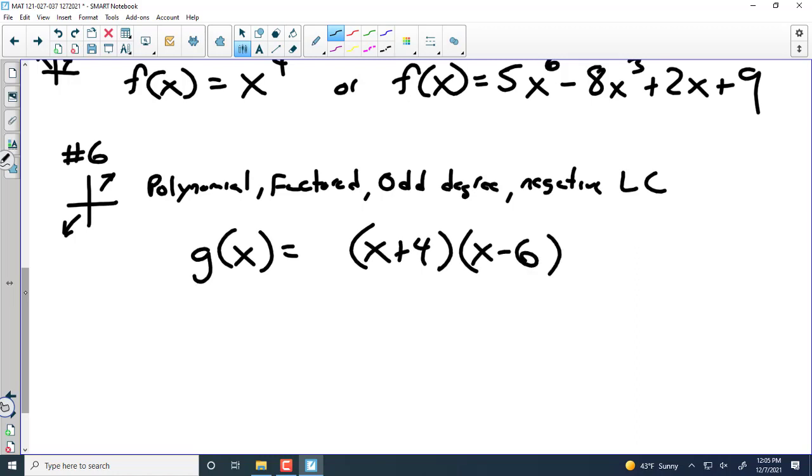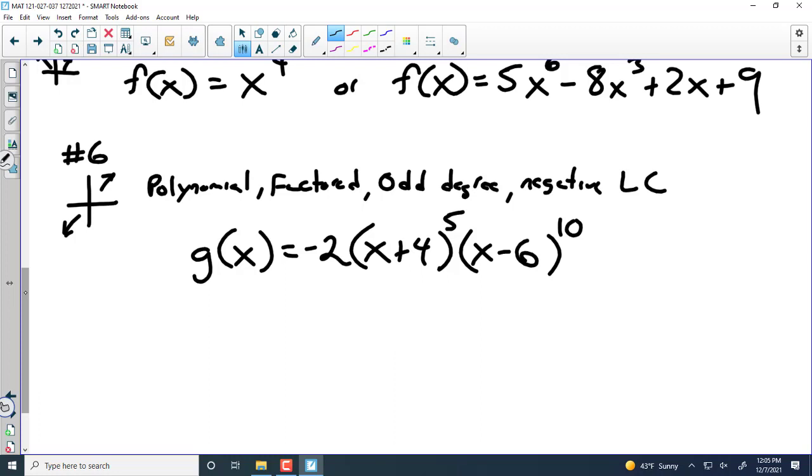Now, if Steve's requesting an odd degree, we need to make sure those powers add up to an odd number. Right now, they only add up to 2. So you can just do this: 5 and 10. Is that now an odd degree? Yep, it's factored. It's got an odd degree and negative 2.